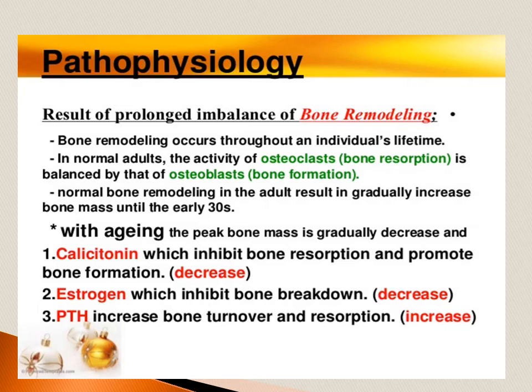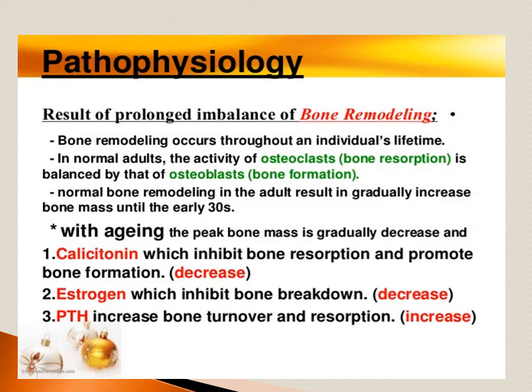You see three things are there: calcitonin, estrogen, and parathormone. With increasing age, the activity of calcitonin and estrogen decreases, and parathormone activity increases. Parathormone is not good for bone as with increasing age it leads to bone resorption, or it will decrease bone strength.